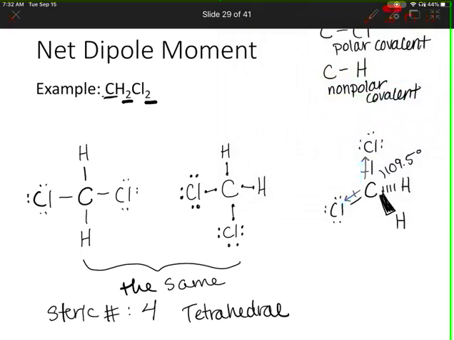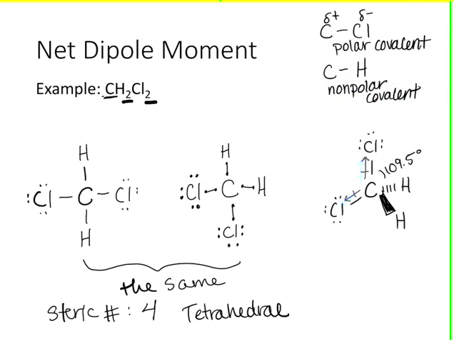So overall, electrons are more attracted to the left-hand side of this molecule, which gives us a net dipole. So we have a net flow of electrons from the right-hand side of the molecule to the left-hand side. And it's kind of traveling right in between those two chlorines.